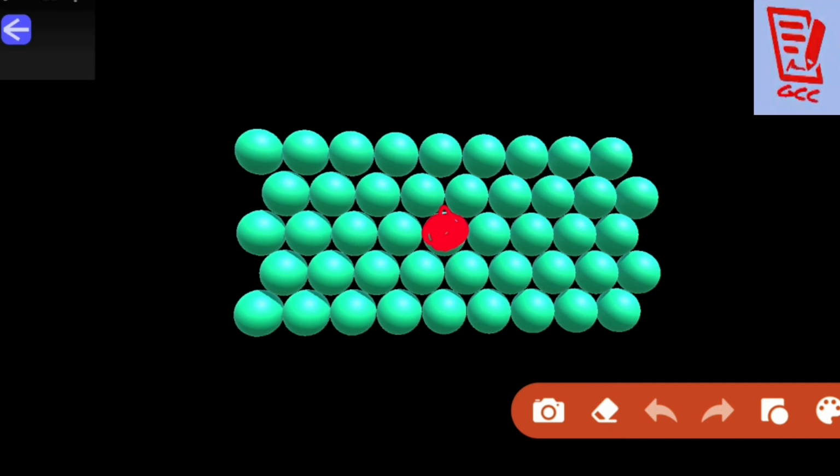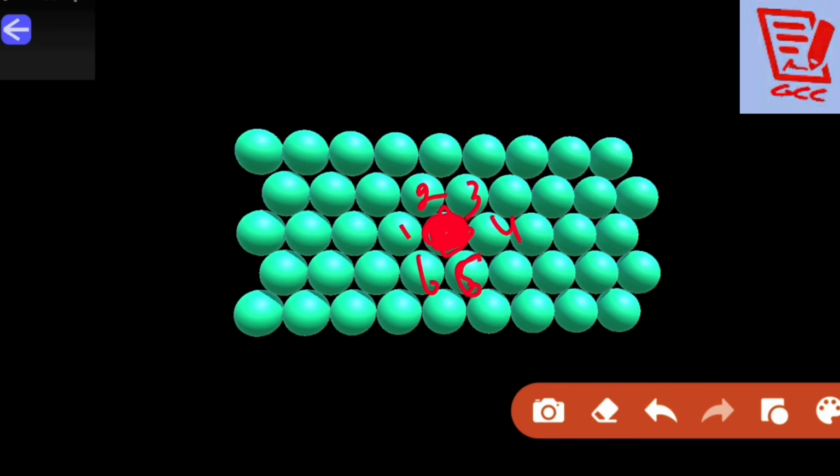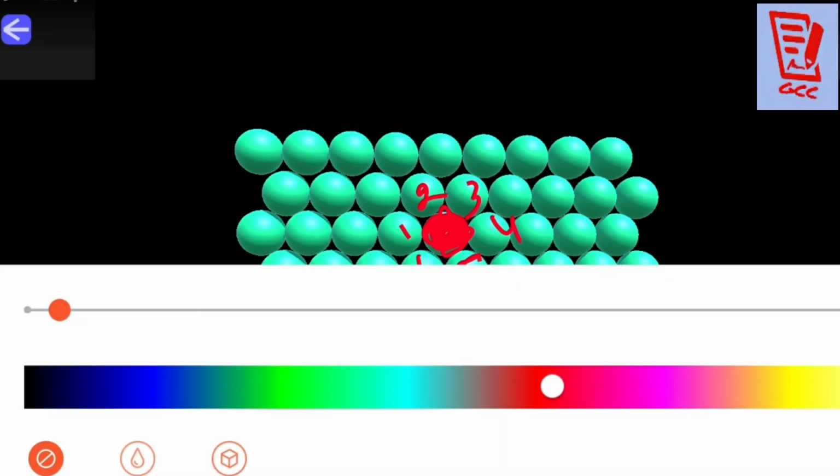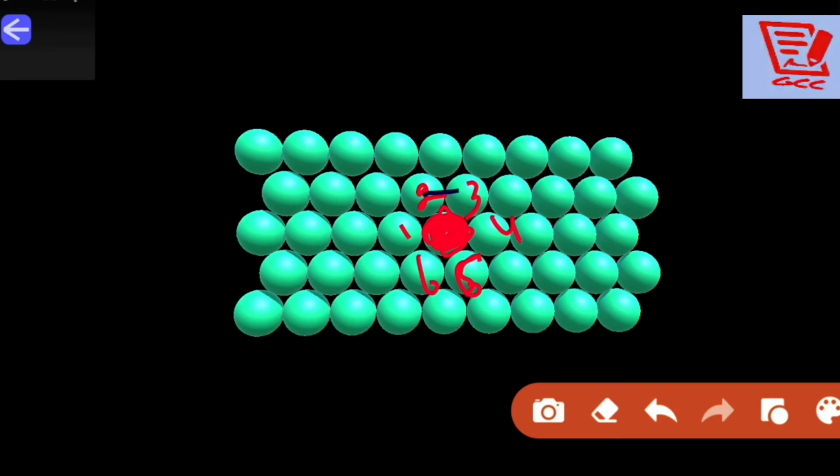Now how many spheres are touching over there? 1, 2, 3, 4, 5 and 6 spheres are there, and they are going to make hexagonal close packing.